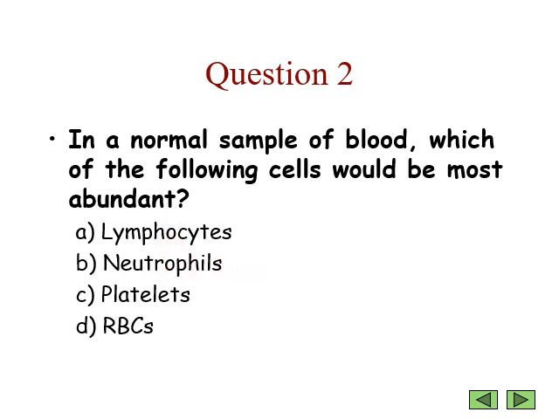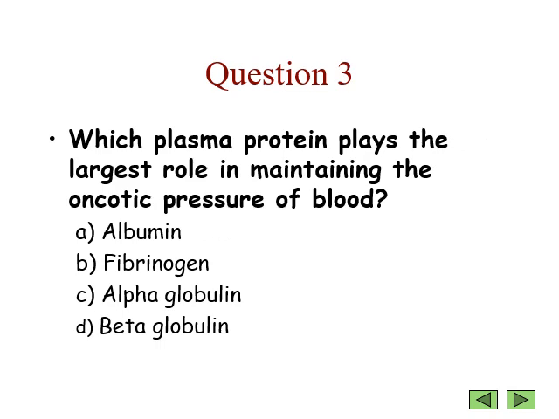Okay, next question. Question number 3. Which plasma protein plays the largest role in maintaining the oncotic pressure of blood? You know, different plasma proteins. These are albumin, fibrinogen, alpha globulin, and beta globulin. So, which one is the right answer?